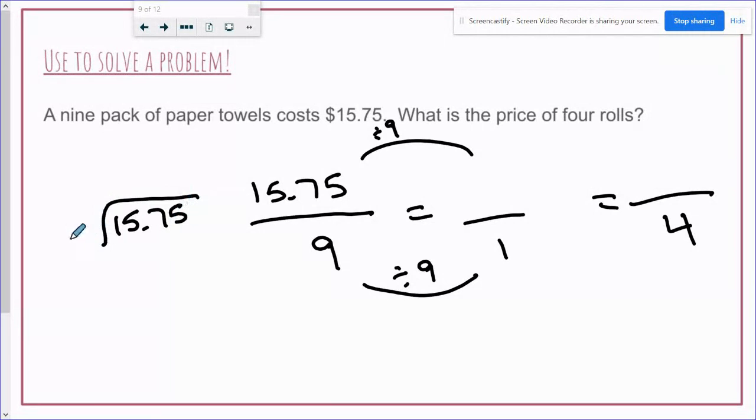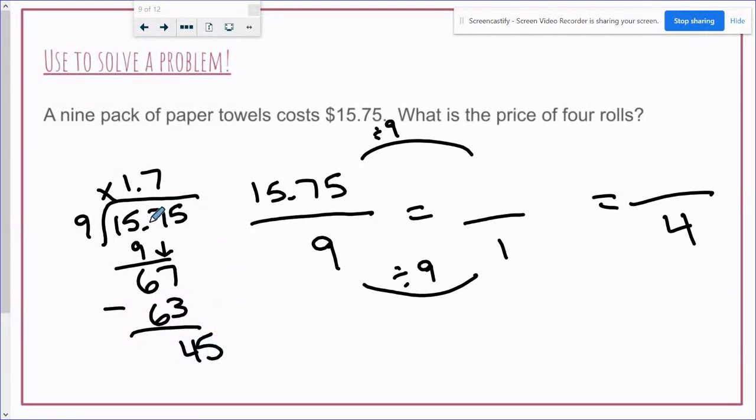15.75 divided by 9. 9 goes into 15 one time. Subtract, you get 6 left. Bring down a 7. 9 fits into 67, 7 times. You get 63. Subtract, you get 4. And then 9 fits into 45, 5 times. So it is $1.75 for one roll.